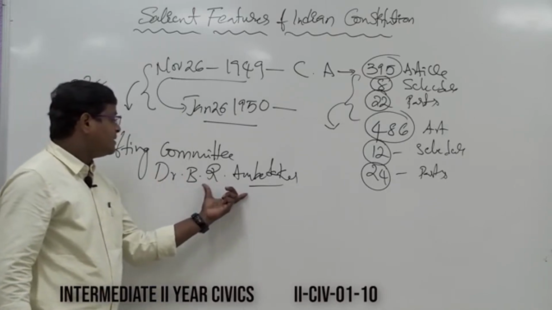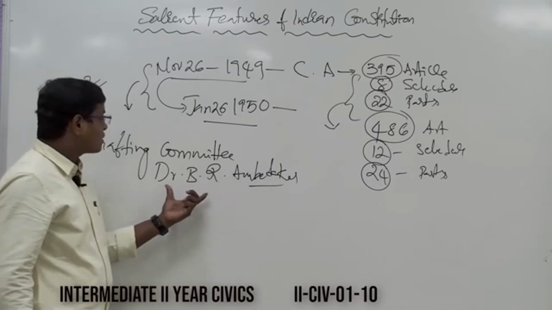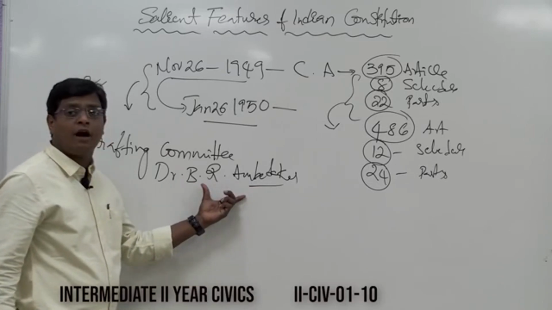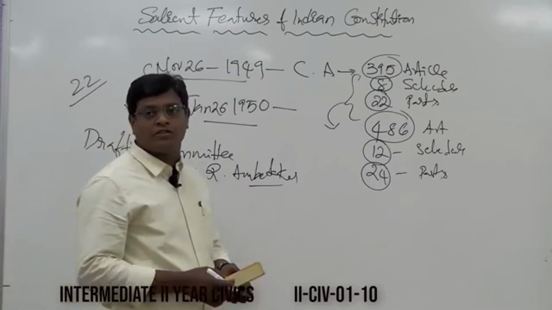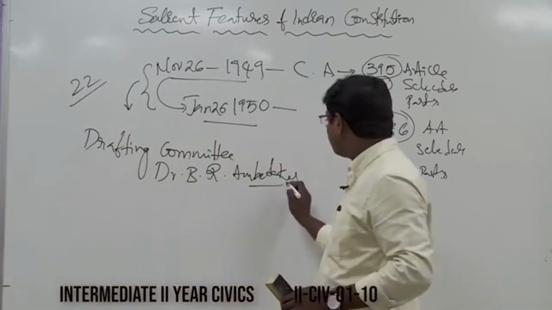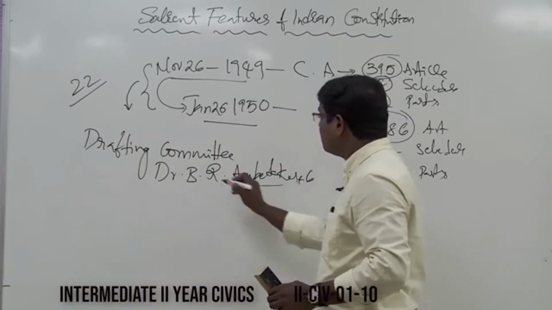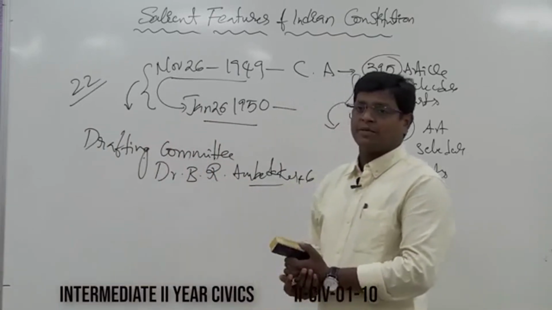M.V. Pylee also called him the Father of the Indian Constitution. He was the chief architect of the Indian Constitution. Along with Dr. B.R. Ambedkar, there were 6 other members in the Drafting Committee.